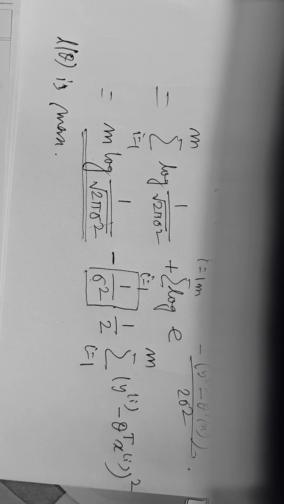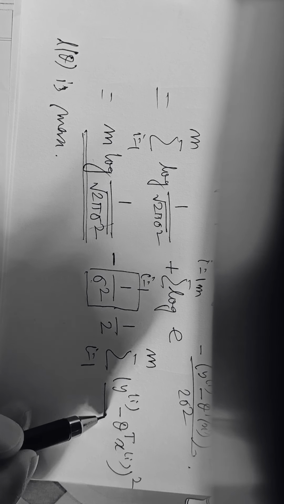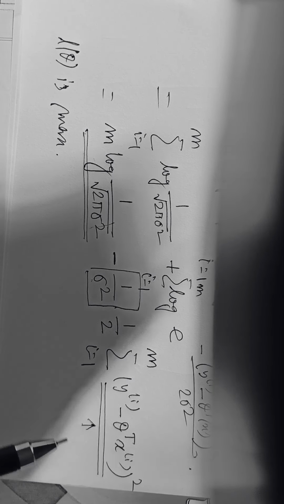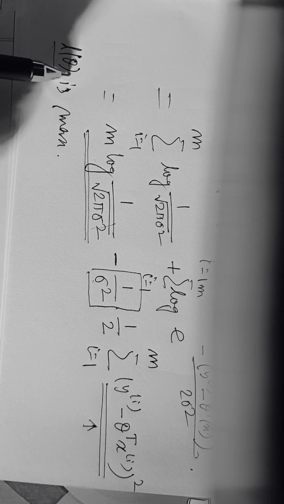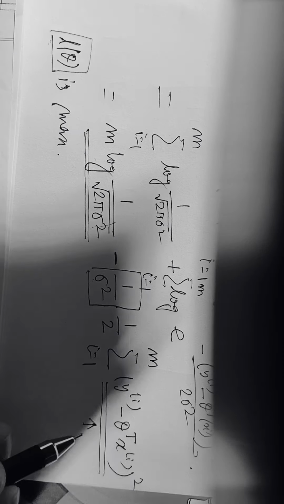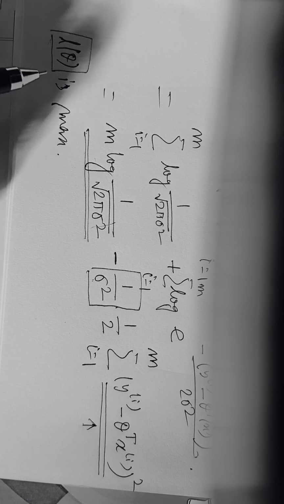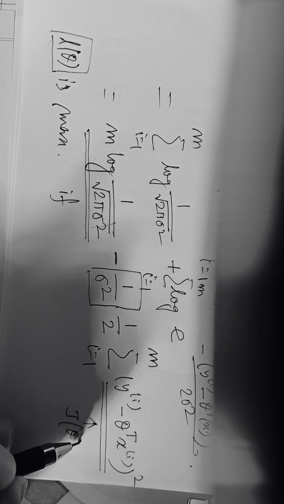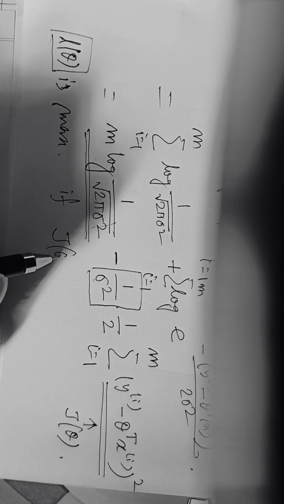The only factor which can determine the value of the log likelihood is this one. So l theta is maximum if we write this as j theta, if j theta is minimum.